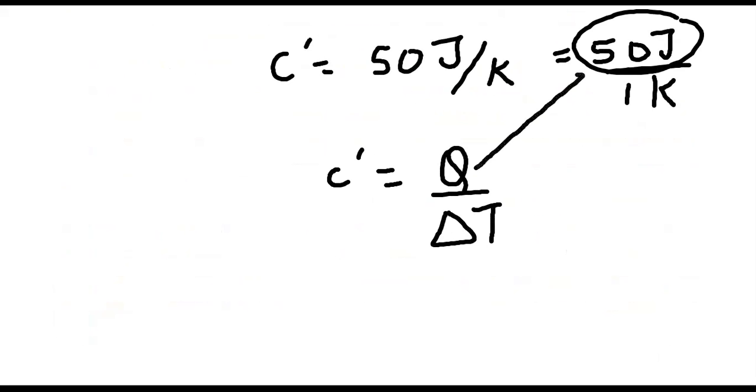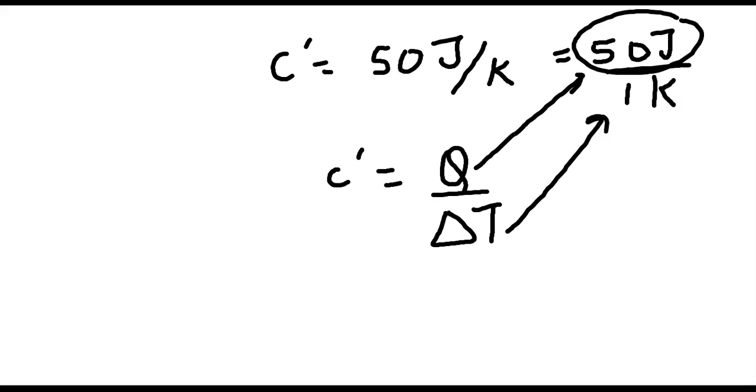So heat energy is 50 joule. Change in temperature is 1 Kelvin. So how to define it now? It can be defined as, it means that 50 joule of heat energy is required to raise the temperature of the body by 1 Kelvin.